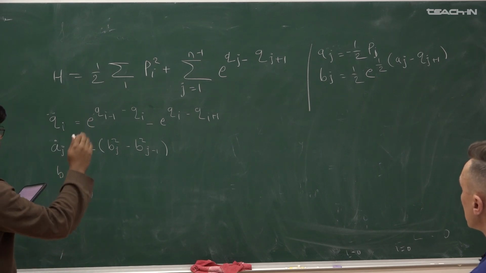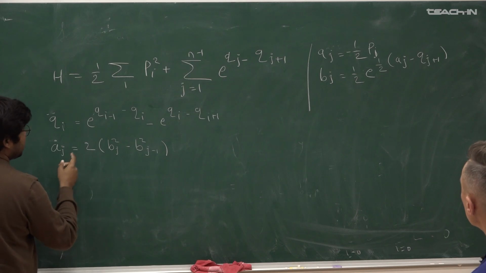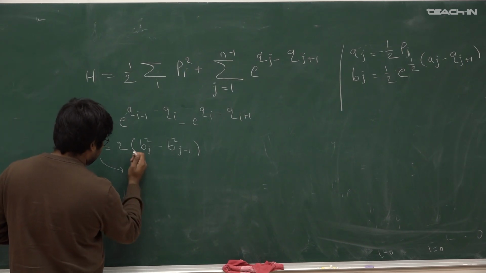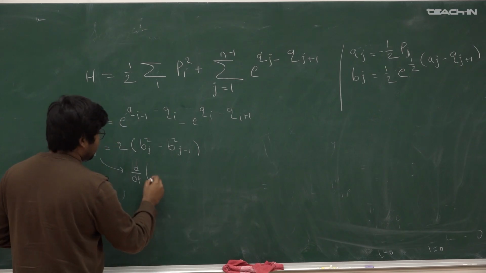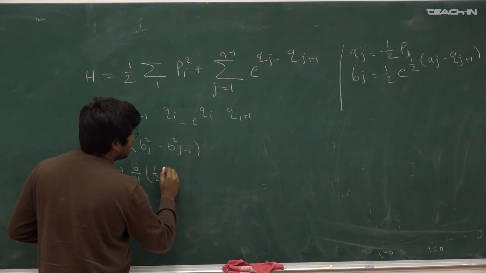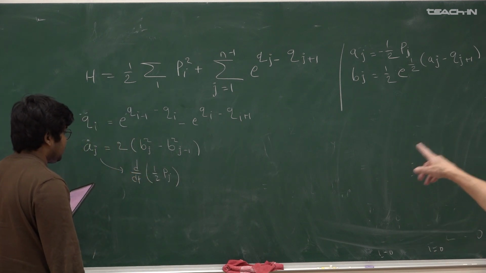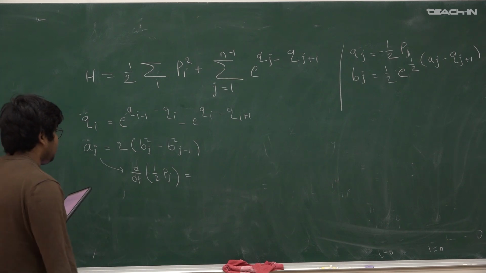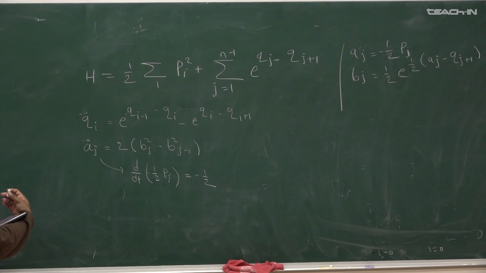Well, we just need to write this thing and take the derivative. Let me try. So d/dt of half pj, with minus. Yes, but how to calculate the first derivative of pj?